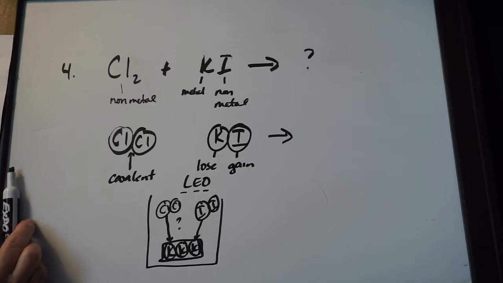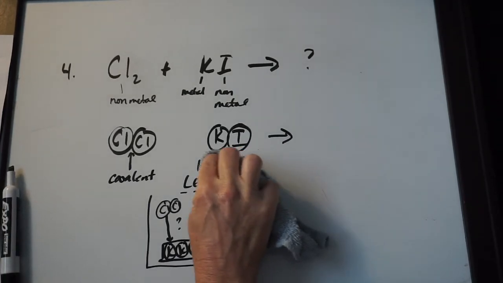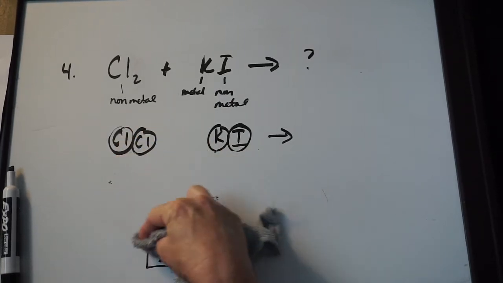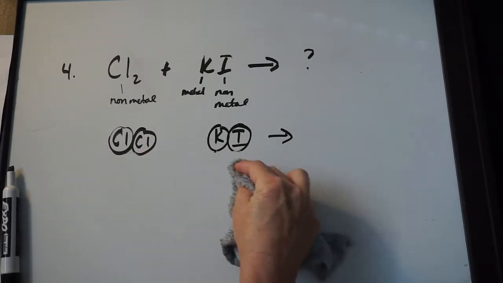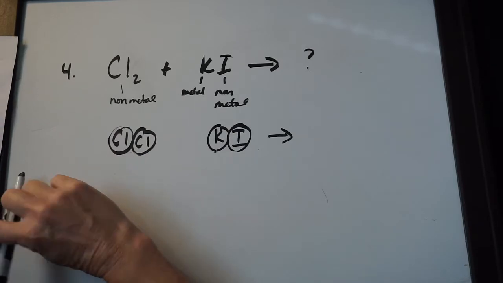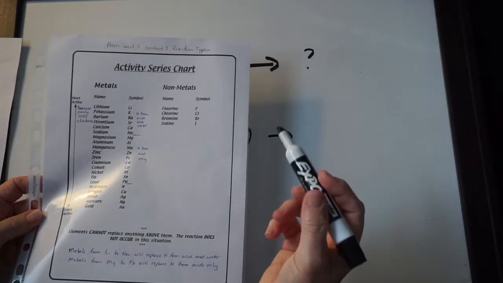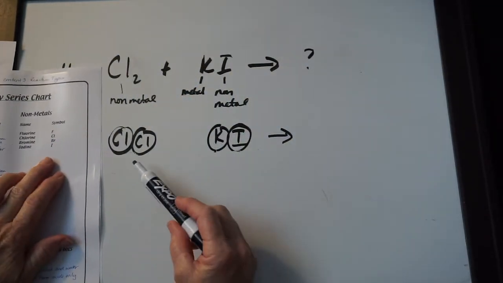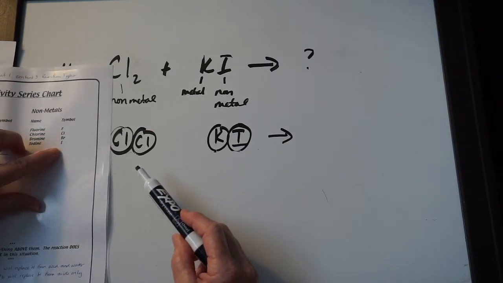And I'm going to go through this fairly quickly because you can pause the video and take some time to maybe go look at some previous notes if anything that I've mentioned so far is something you're not familiar with. So what the chemists have done is made these wonderful activity series charts. And we're going to look here at the nonmetals. We're looking at fluorine, chlorine, bromine, and iodine.